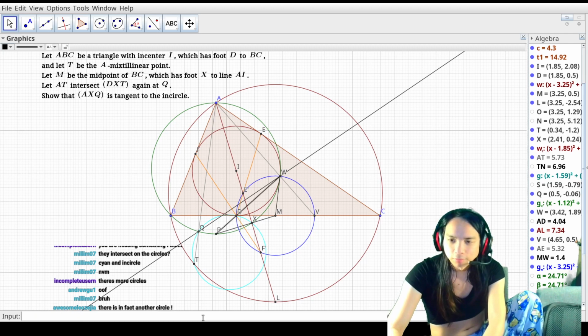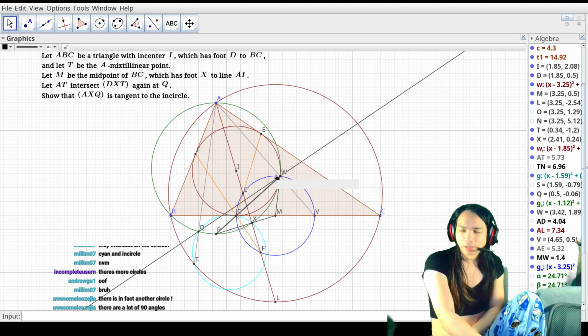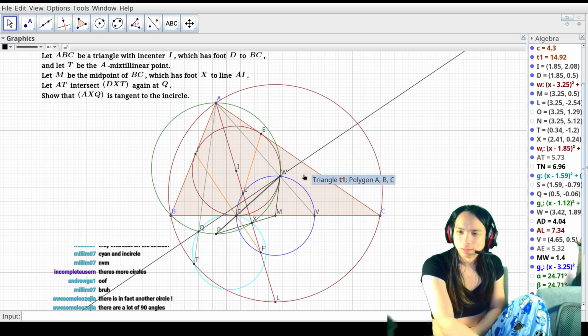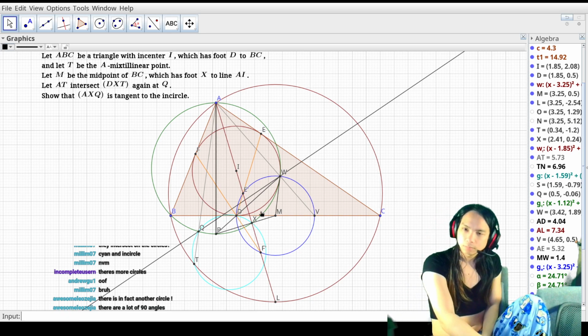This point's important because everything's so clean. AWXP is definitely cyclic because it has diameter AP. So can I at least check that MW is tangent to the circle AWXP? Probably, because the angles are all really clean, right? Maybe.